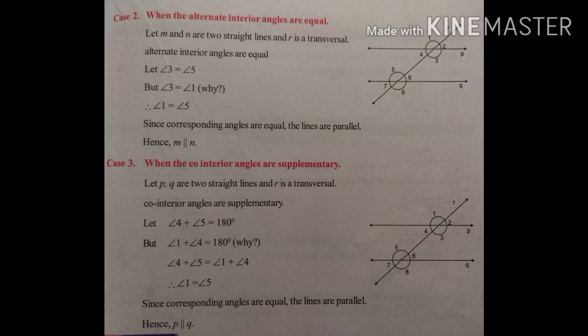Because of a linear pair. Angle 4 plus angle 5 is equal to angle 1 plus angle 4, because both sums are 180 degrees. So equating these two, angle 4 will be cancelled, and angle 1 is equal to angle 5. Since corresponding angles are equal, the lines are parallel. Hence, P is parallel to Q.